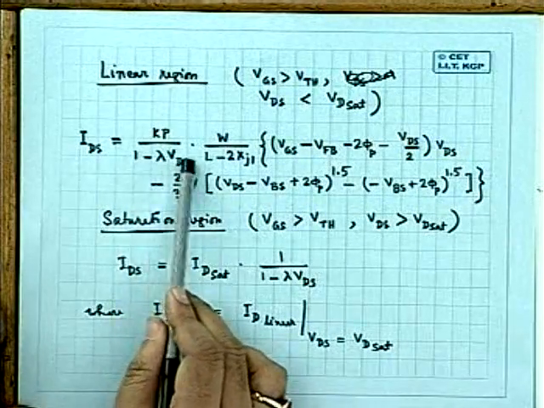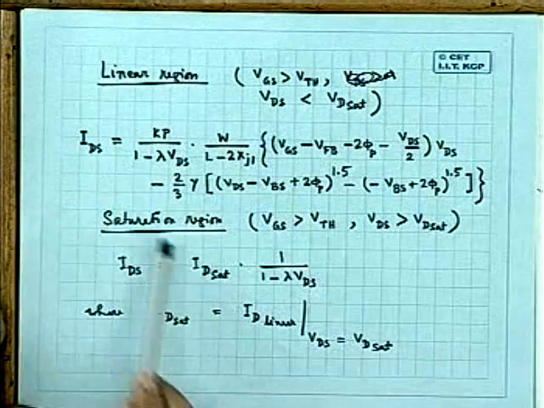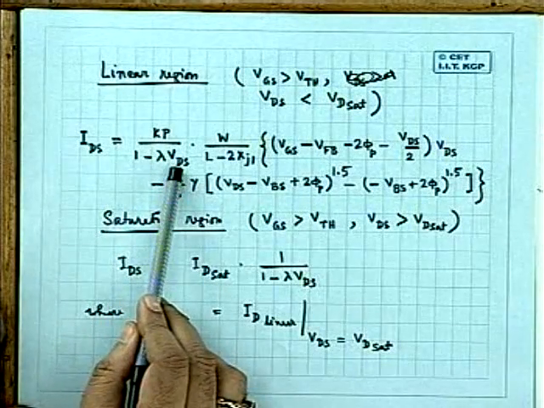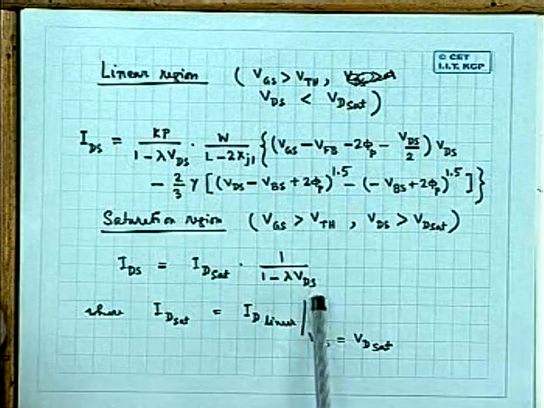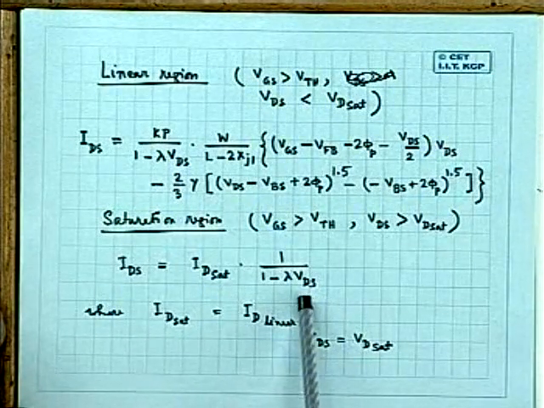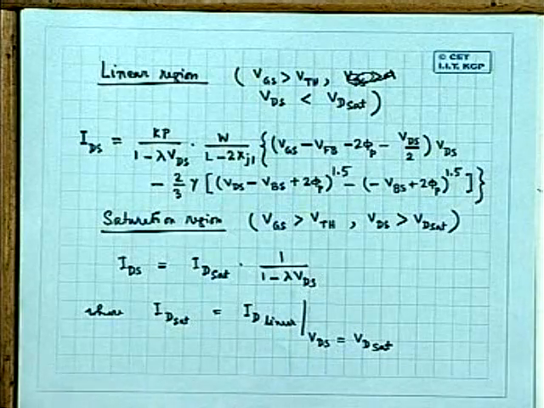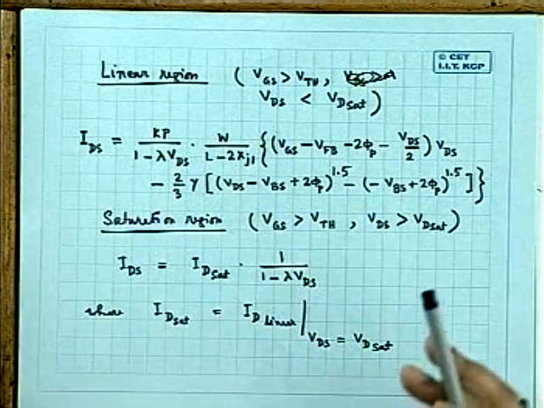So here you see that originally in this equation 1 minus lambda VDS was there. A second term has come in, and this is all based on experience while fitting with experimental data.